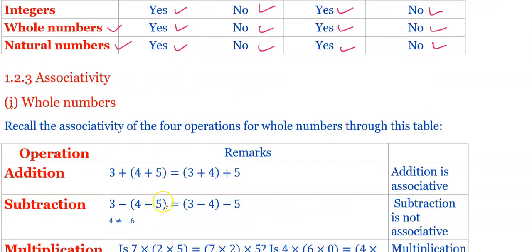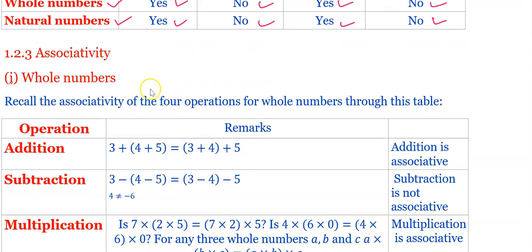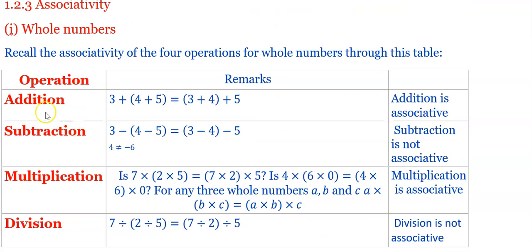Now we'll see the next property, that is associative. Okay. If we take the whole numbers and recall these operations, that is addition, subtraction, multiplication, division, and we are taking the numbers as whole numbers.